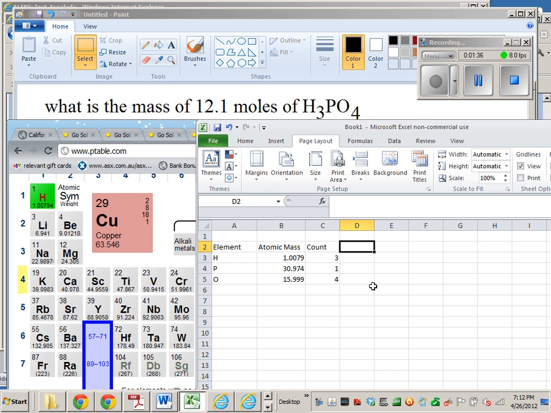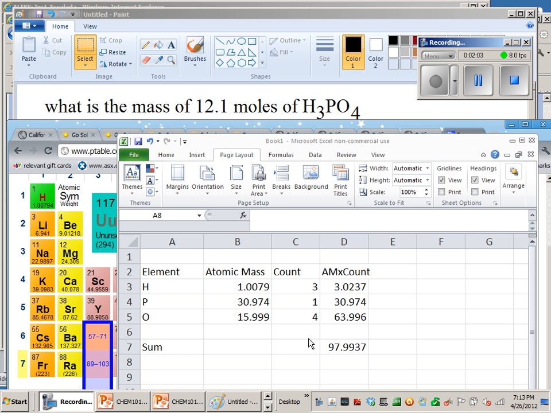If I multiply the number of hydrogens times the mass of hydrogen, that tells me how much mass comes from the hydrogens. If I multiply the number of phosphoruses times the mass of each phosphorus, that tells me how much mass comes from all the phosphoruses. And for the total mass of oxygens, I multiply the count of the oxygens times the atomic mass for each oxygen.